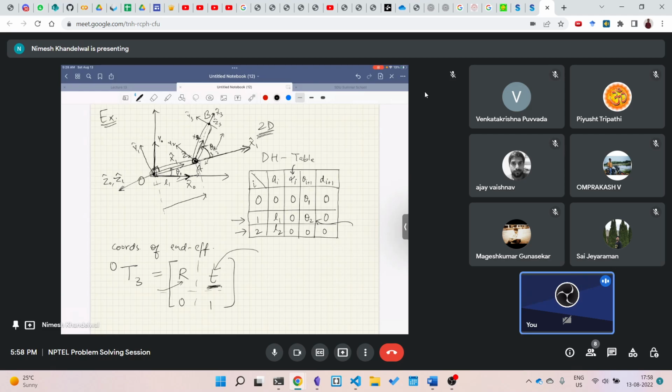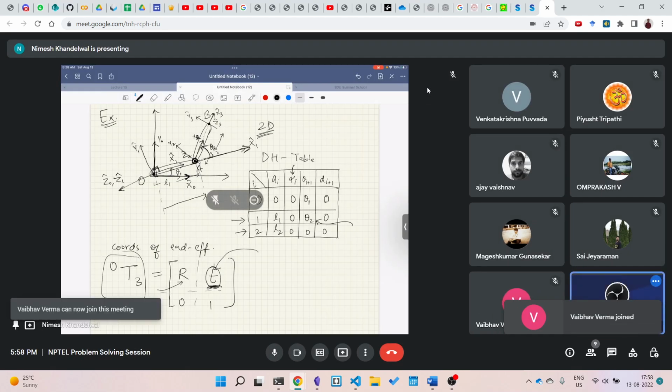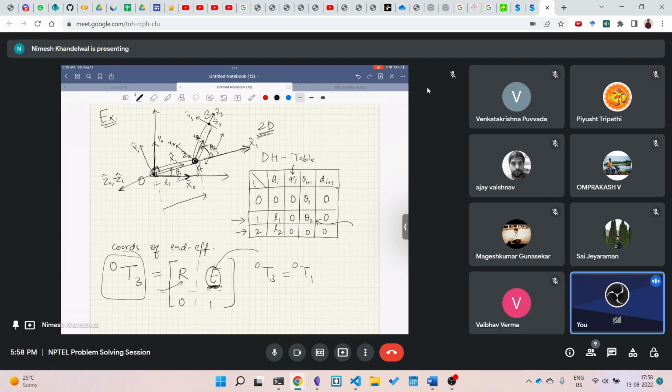So if you can calculate this T from frame 3 to frame 0, you can easily get the position of the end effector from this translation part of the transformation matrix. Now how do you calculate T30 directly? You cannot. That is why we decompose it into this product with successive frames.